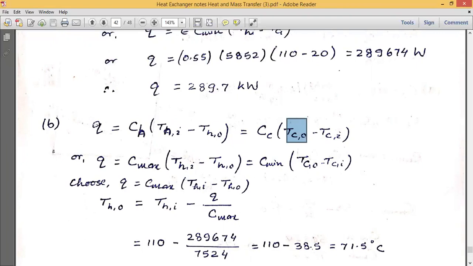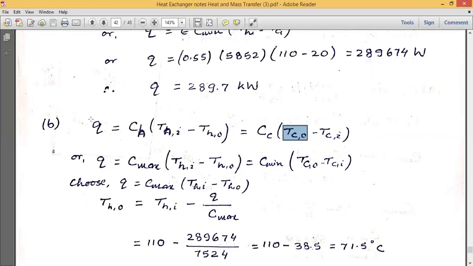Therefore, by using the equation Q is equal to CH into THI minus TH naught, Q is known, CH we know, THI is known, so we can find TH naught. In a similar fashion, from Q is equal to CC into TC naught minus TCI, we will be able to determine TC naught.